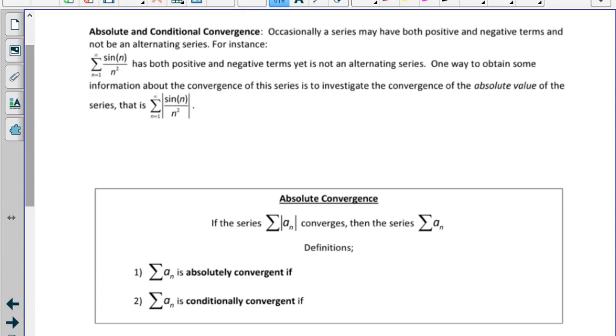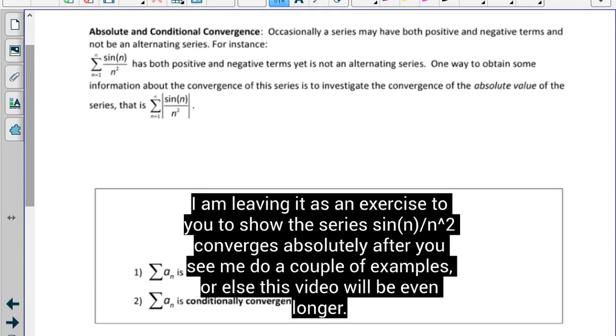So if we look at sine of n over n, that series has both positive and negative terms, and it's not an alternating series. So it doesn't follow a specific pattern where every time we plug in another integer, we get positive, negative, positive, negative. Sometimes it's positive, sometimes it's negative.